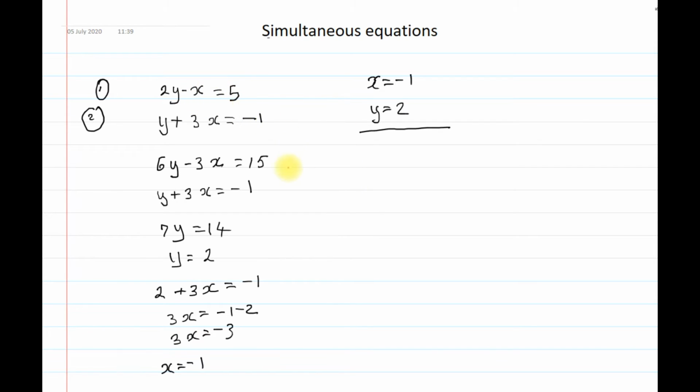So if I have the first equation, 2y minus x equals 5, I can write 2y is equal to x plus 5. So y would be equal to half of x plus 5 over 2.